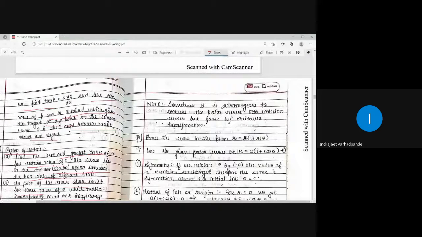Sometimes it is advantageous to convert the polar curve into Cartesian form by suitable transformation. In rare cases, we do the transformation to Cartesian and then try to simplify. But if the example of a cardioid appears, there are four types of cardioid: r is equal to a into 1 plus cos theta, r is equal to a into 1 minus cos theta, r is equal to a into 1 plus sine theta, r is equal to a into 1 minus sine theta.